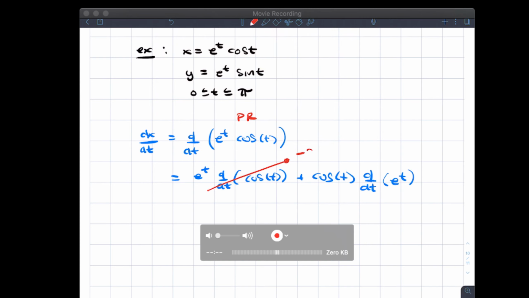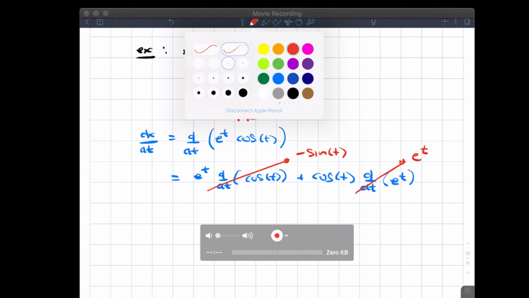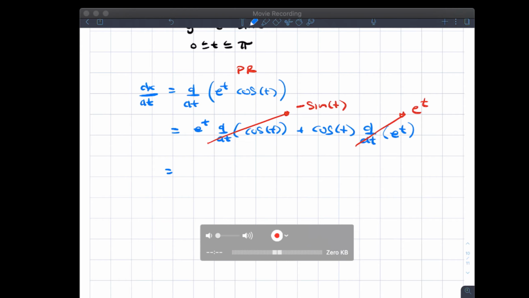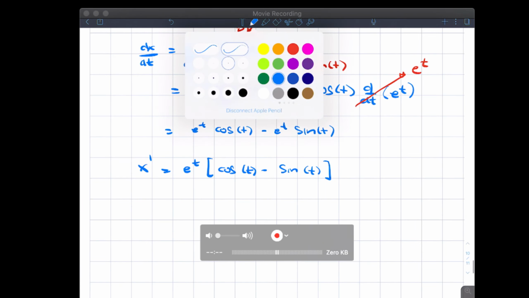Derivative of cosine is minus sine, and then this is e to the t. So this is going to be my x prime. We mathematicians like to write it as e to the t cosine t without a minus sign, and that'll be minus e to the t sine t, if I switch my terms, and I could even factor. And this is what we'll call x prime.